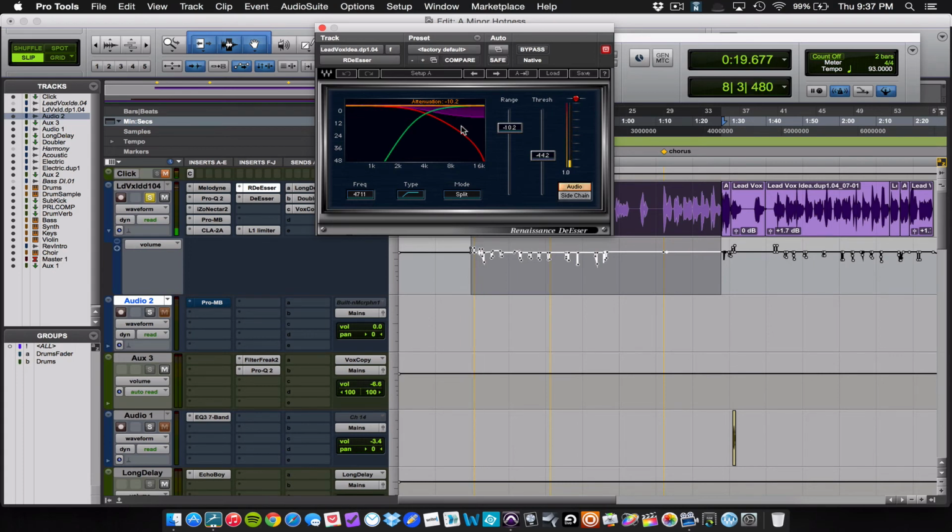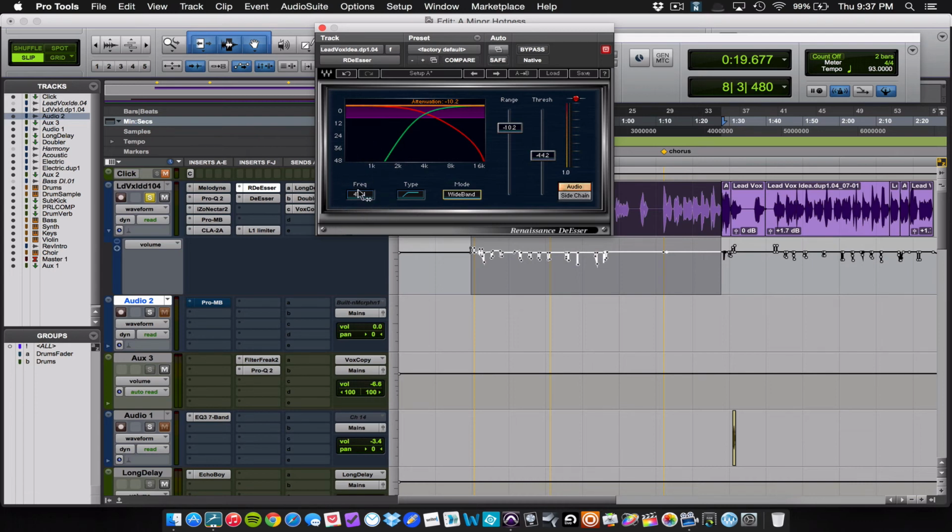Now, the difference with a de-esser is you can actually determine what type. So you could have a wide band, and what that means is it's going to compress the entire frequency range. As you can see, that's what this purple denotes. Okay, but the only thing that's going to cause it to compress are the frequencies that you're centered on.